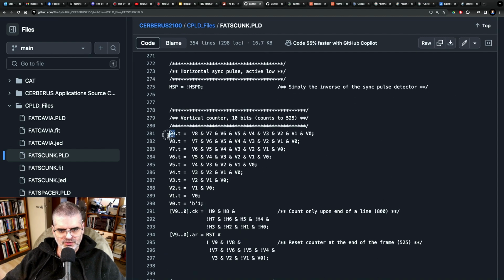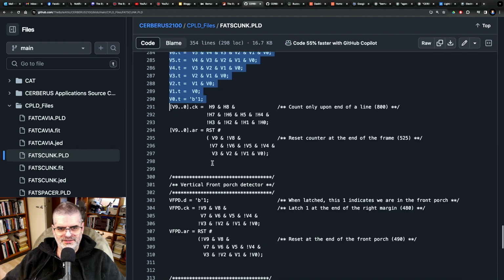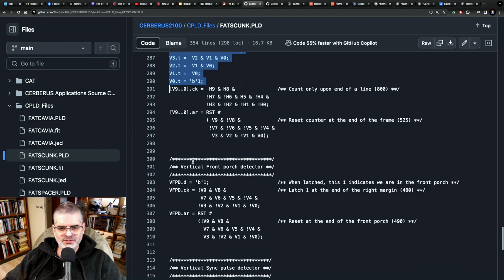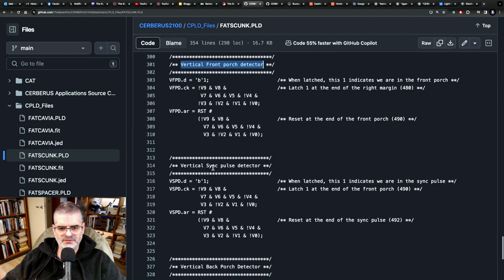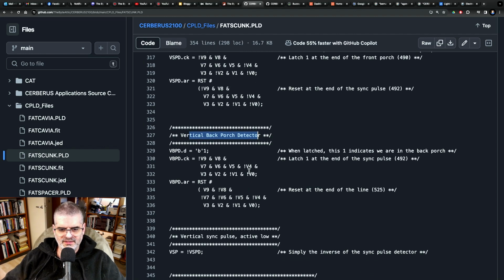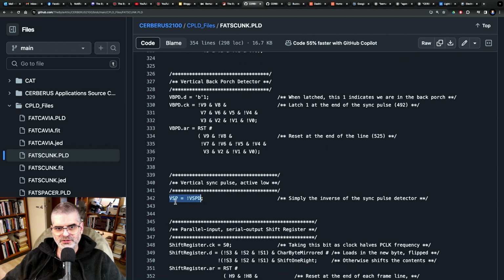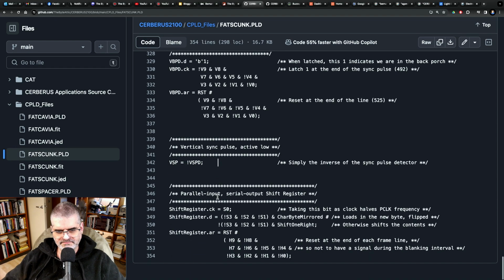So this is the horizontal counter, and then we do the same thing for the vertical, this is the vertical counter. We do the same thing we did for the horizontal one for the vertical front porch detector, the vertical sync pulse, and the vertical back porch detector. And again, we invert the detector to generate the vertical sync pulse now instead of the horizontal sync pulse as before.